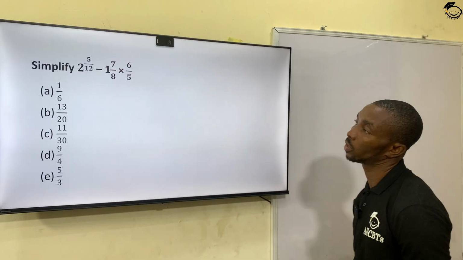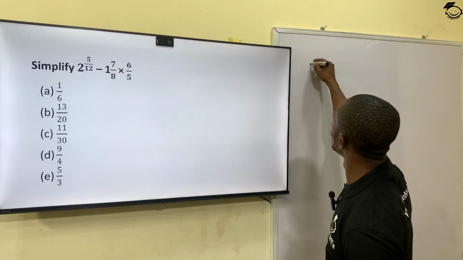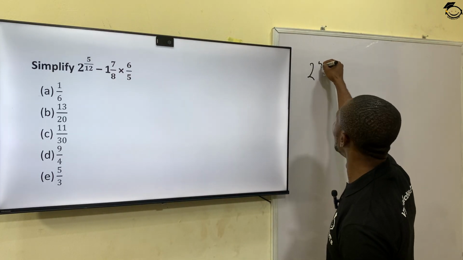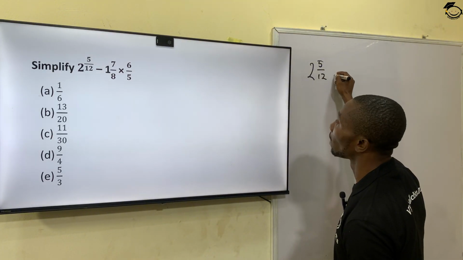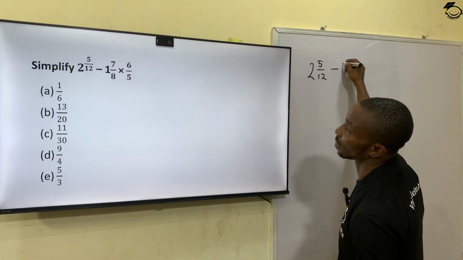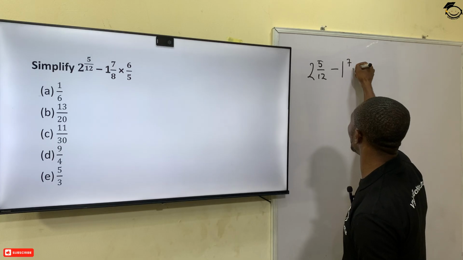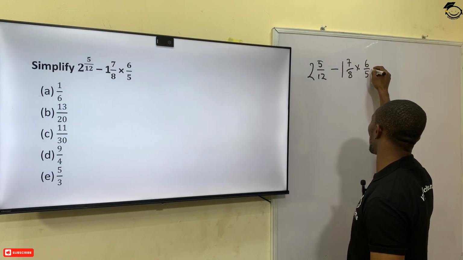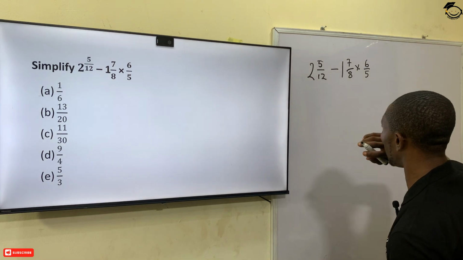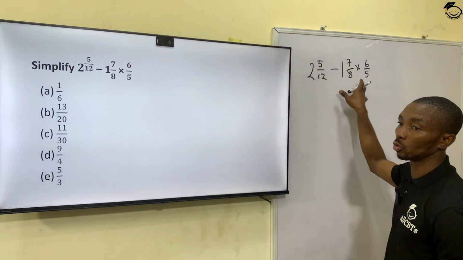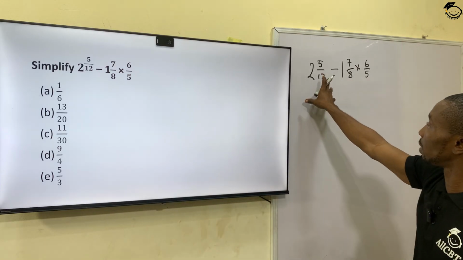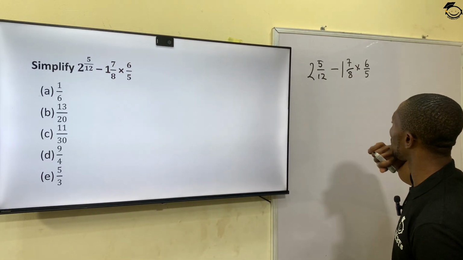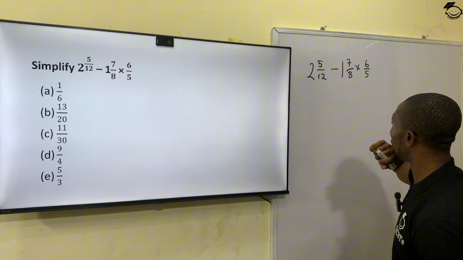Our next question says, simplify 2 whole number 5 over 12 minus 1 whole number 7 over 8 times 6 over 5. Now, in this situation, we'll be applying our BODMAS rule, but first, we'll convert our mixed numbers to improper fractions.